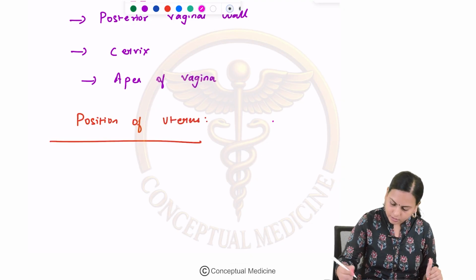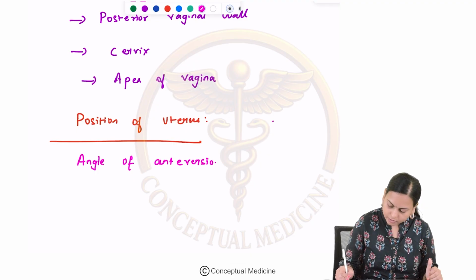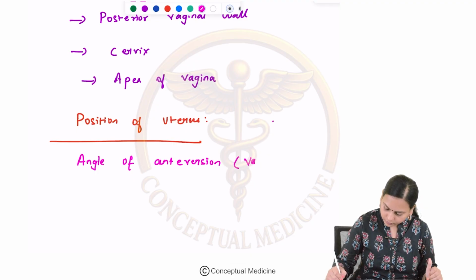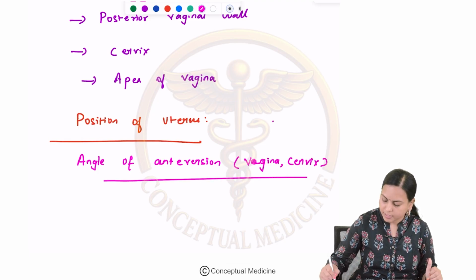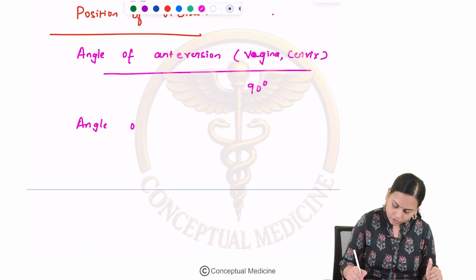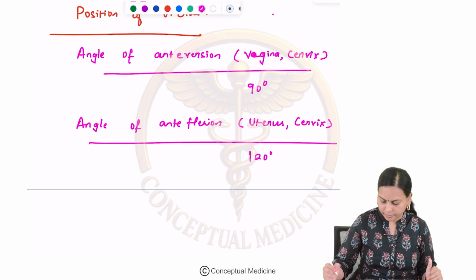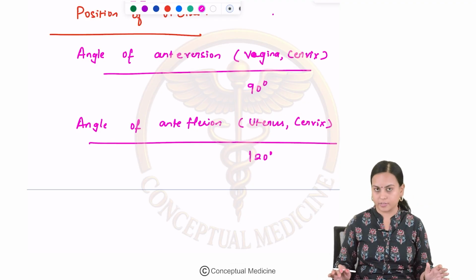There is an angle called the angle of anteversion, between the vagina and cervix, which is usually 90 degrees, and there is an angle of anteflexion as well, between the uterus and cervix, which is going to be 120 degrees. This is how a normal uterus is positioned.